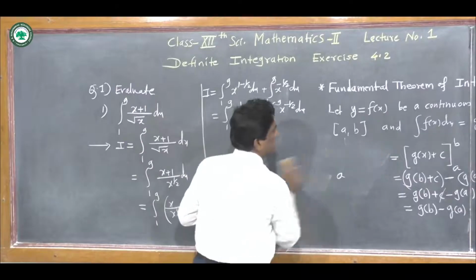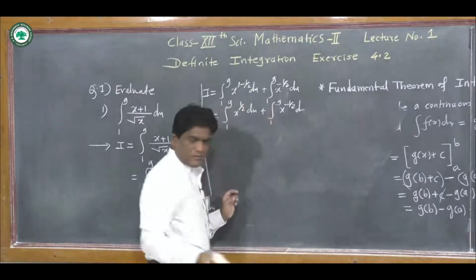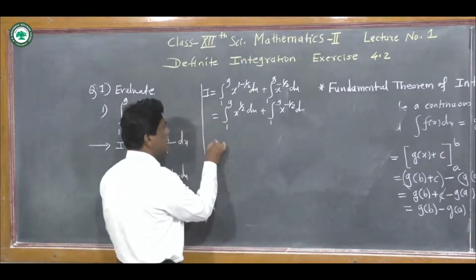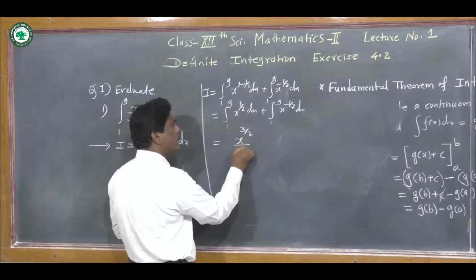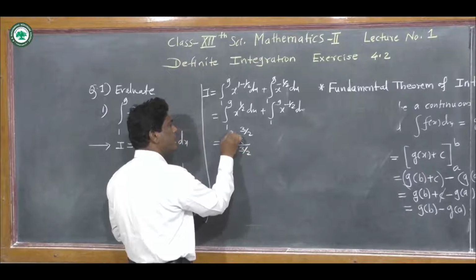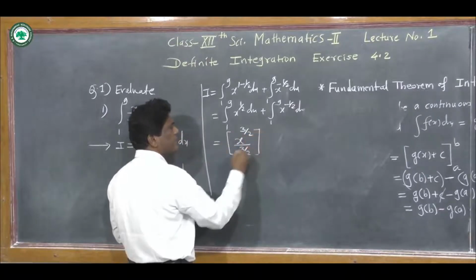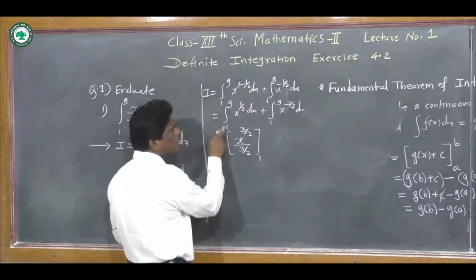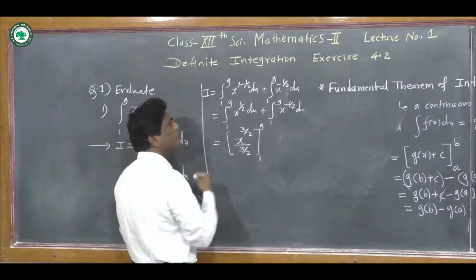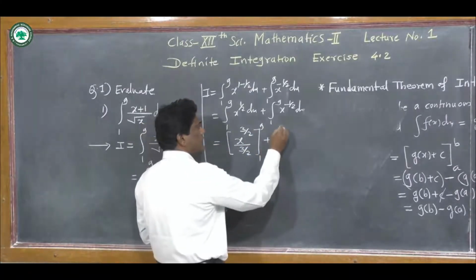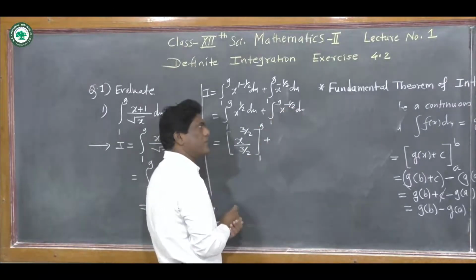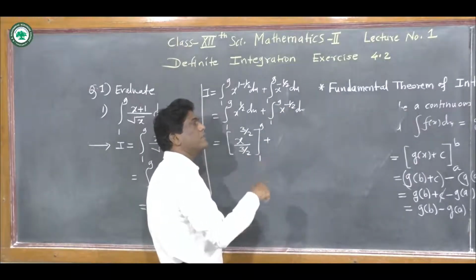Now here, it is equal to x to the power 1/2 plus 1, that is 3/2, upon 3/2, and write the square bracket like this, with lower limit 1 and upper limit 9, plus integration of x to the power minus 1/2, that is minus 1/2 plus 1, means 1 minus 1/2.